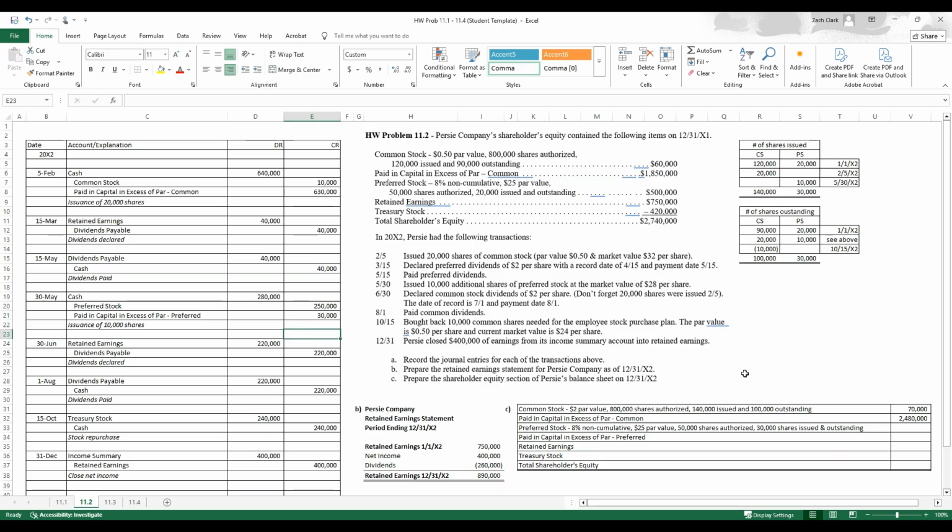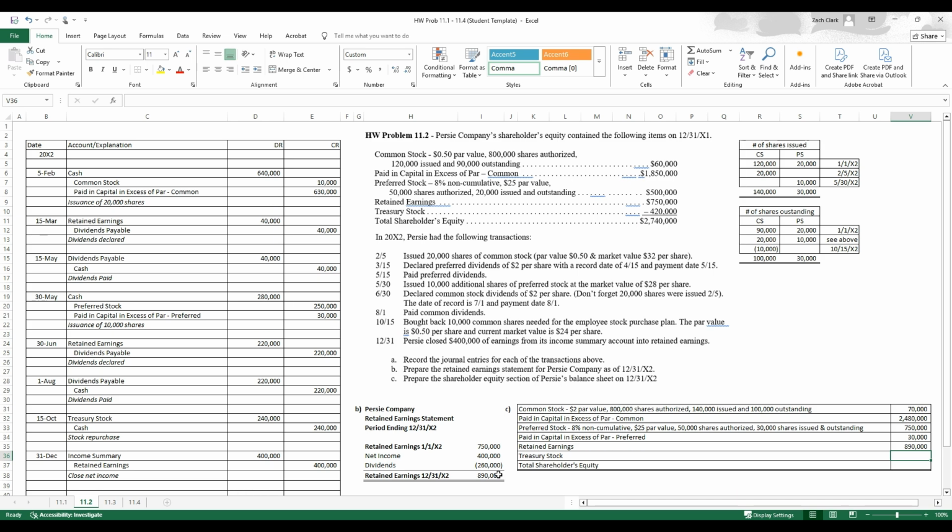So now we balance. Okay, so now back over to our amounts. Our beginning balance in preferred stock was 500,000. And then we added in with what we just did 250,000. So we should have 750,000 now. And then paid-in capital beginning balance was zero. I guess we didn't have any to start with. And then this one bumped us up 30,000. Okay, and the retained earnings we just bring over from our retained earnings statement.